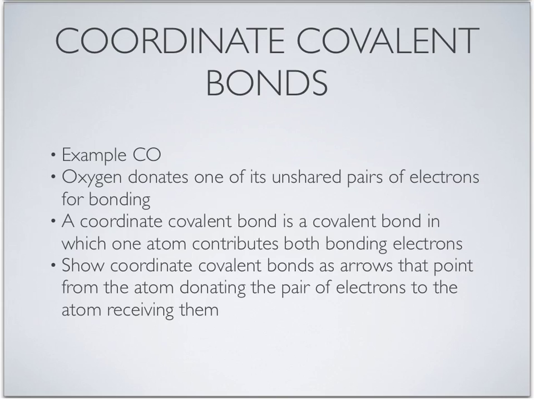And we usually use an arrow to indicate that when we want to show that it's a coordinate covalent bond. Even though the bond isn't any different, you couldn't measure it with some kind of device and say, "Oh, that's a coordinate covalent bond and that's a regular bond." There's nothing like that. But we usually use an arrow just to indicate that.